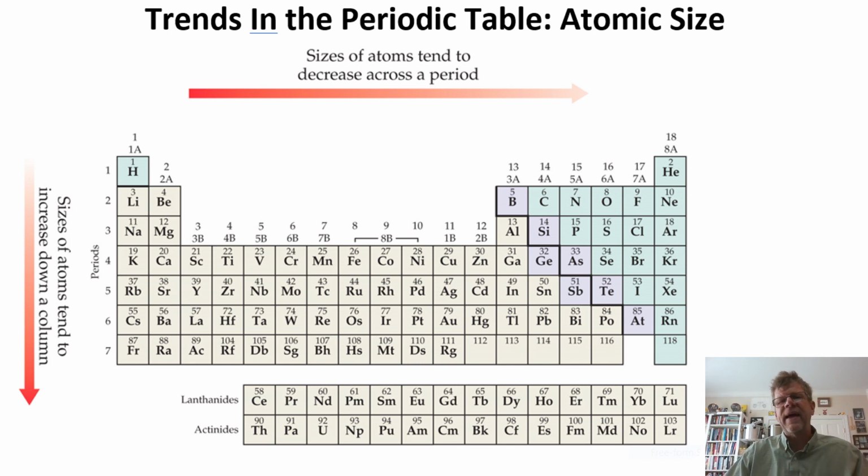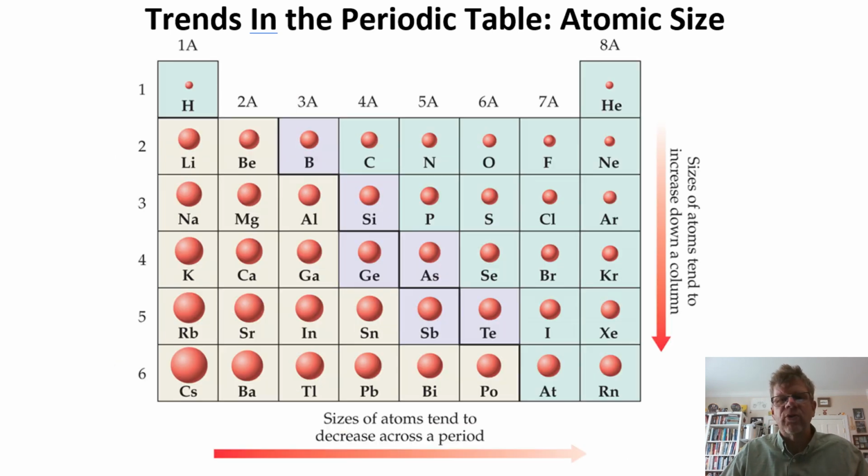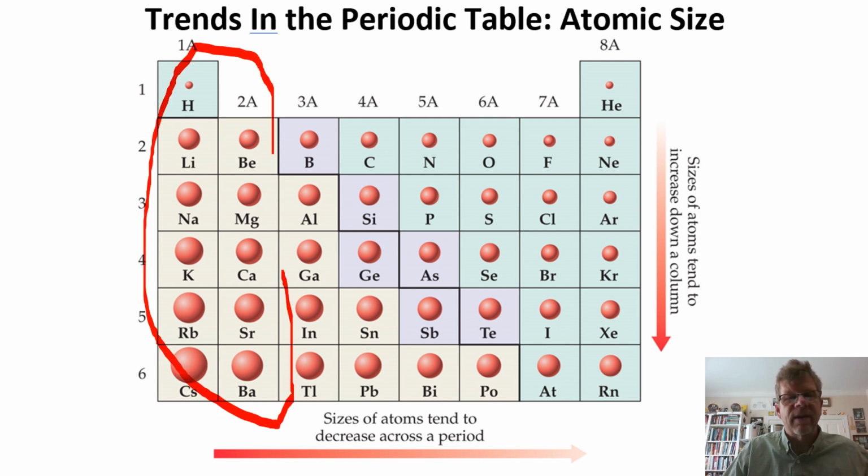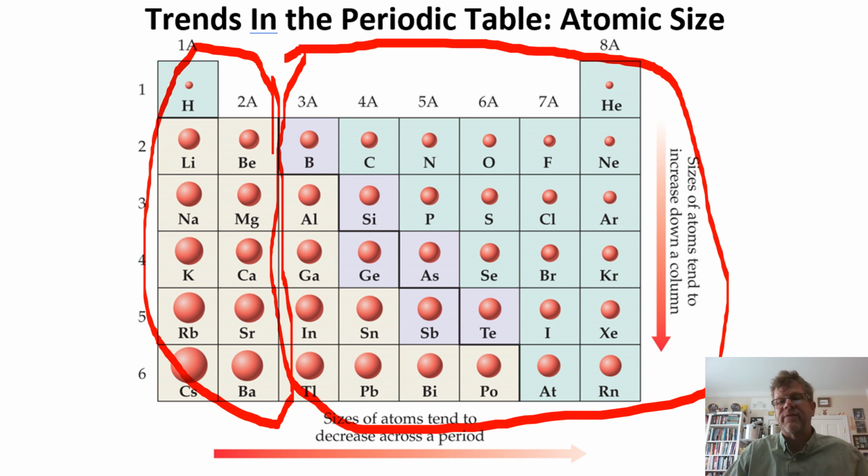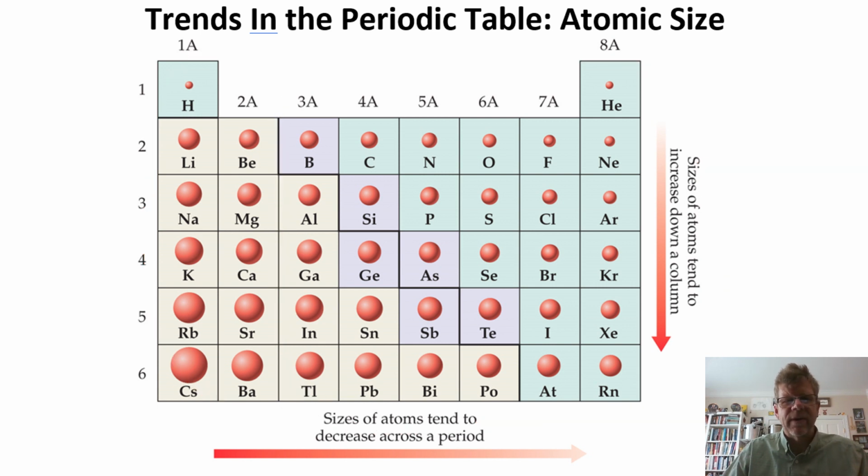By looking at just the S and the P blocks on the periodic table, this trend in atomic size really shows itself. So again, what I've done here is I've taken the S block right here and the P block, which is right here, and gotten rid of the D block, and I've just sort of squished them together. I've done that in a couple of other cases, but that's why we see this periodic table here looking so different.